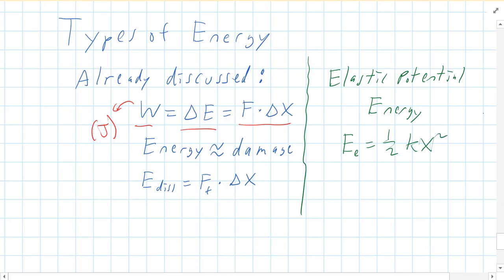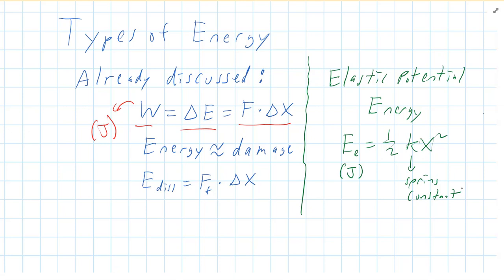And you guys had labs on that, and you also did a sheet on that. Again, energy always measured in joules. In this case, K is a spring constant, and X is how far you've stretched the spring, and you always got to make sure that's in meters.